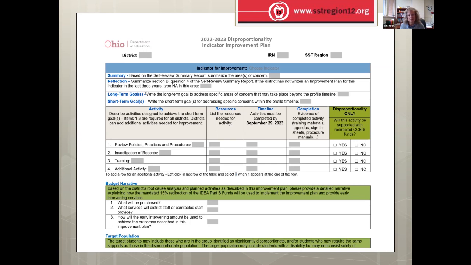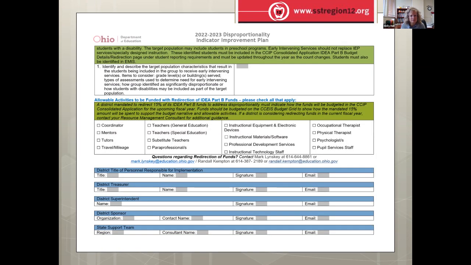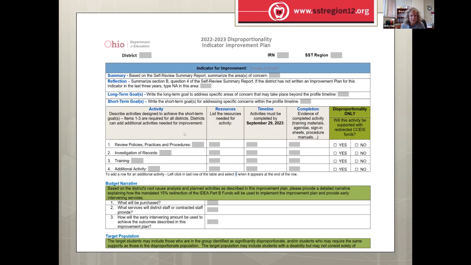There's a place for you to record a goal that is more long-term in nature, that we would want to think more beyond the profile timeline, and then your short-term goal that would be more specific to the timeline of your special education profile. And then below here, you will find the specific activities.